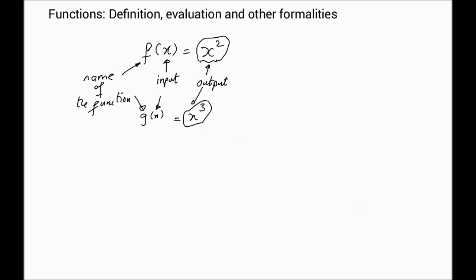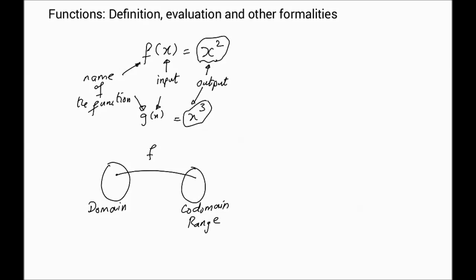A function formally takes an input and maps it onto an output. A function basically takes something from the domain and maps it onto the codomain, which we've also called range before. So it takes something from here and maps it into this other place.